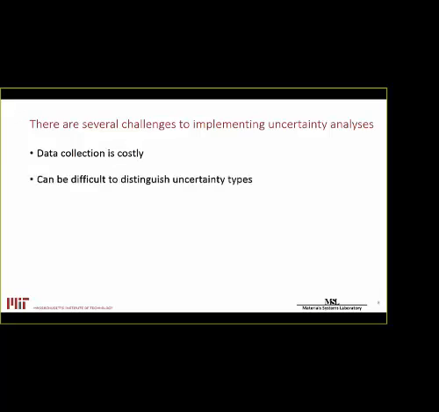As I mentioned, sometimes it's difficult to distinguish between different types of uncertainty, parameter versus scenario, and a lot of that is because even when we're talking about scenarios, everything really is manifested in the life cycle assessment in terms of parameters, but the way that you decide what those parameters are can often determine the type of uncertainty.